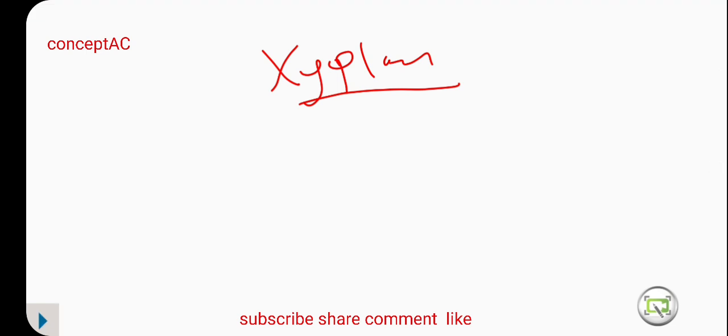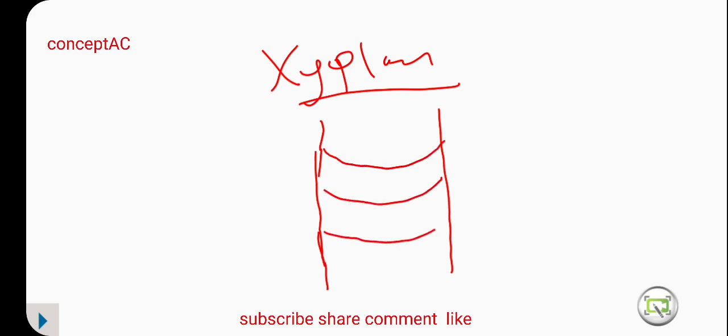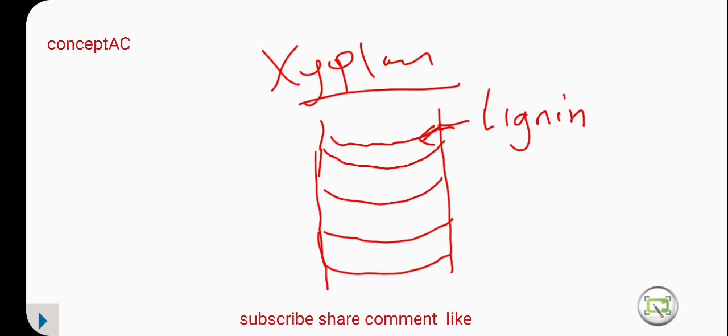So this is the structure of a xylem. Whenever you see lignified structures, like ring-like structures, just know that this is a xylem.